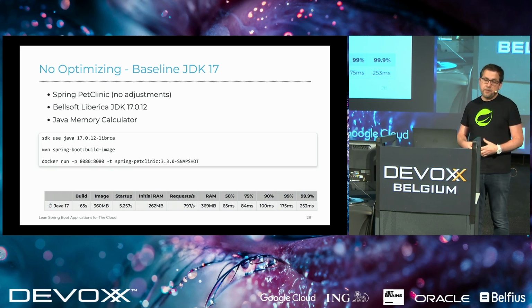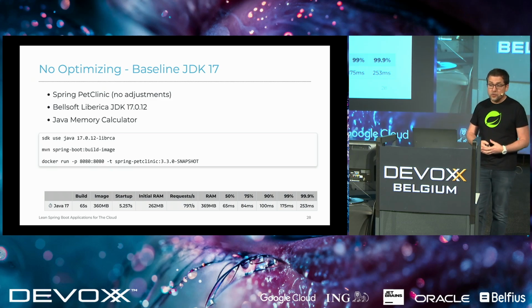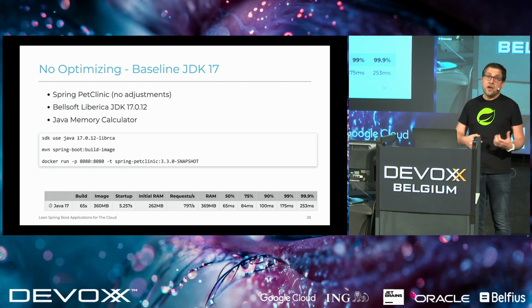We have a startup time of 5 seconds and an initial RAM usage of 260 megabytes. We get almost 800 requests per second through. Afterwards, we consumed 370 megabytes of RAM. And then you see the percentiles for the response times of the requests, right? So the numbers are not that bad, actually.